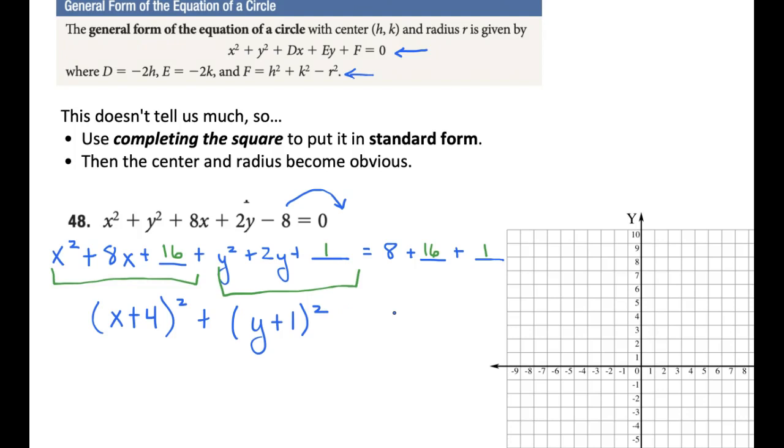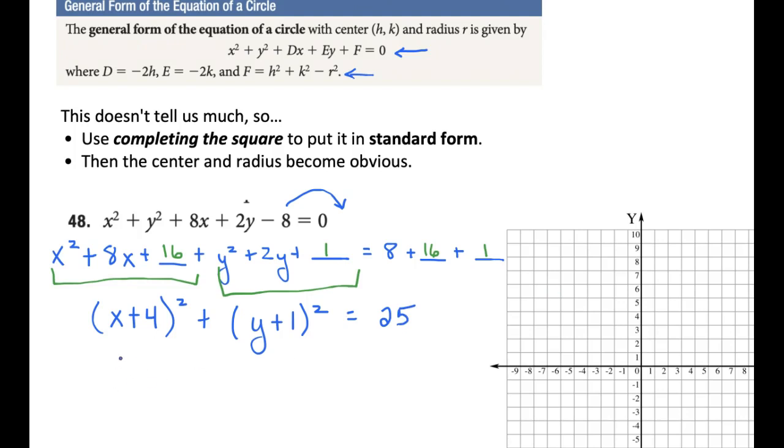And if you don't remember that part, you might want to go back and look at the review in the book about the form of a perfect square trinomial, like I just looked at at the beginning of the review. Okay, so when you add these things together, you're going to get 25. 8 plus 16 plus 1 is 25. Okay, so now all of a sudden, this looks like a standard form of an equation.